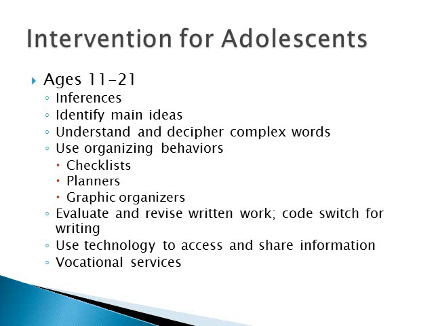Now let's talk about intervention for adolescents. This is where a lot of those complex skills start to really come into play. And this includes children between the ages of 11 and young adults up to 21.